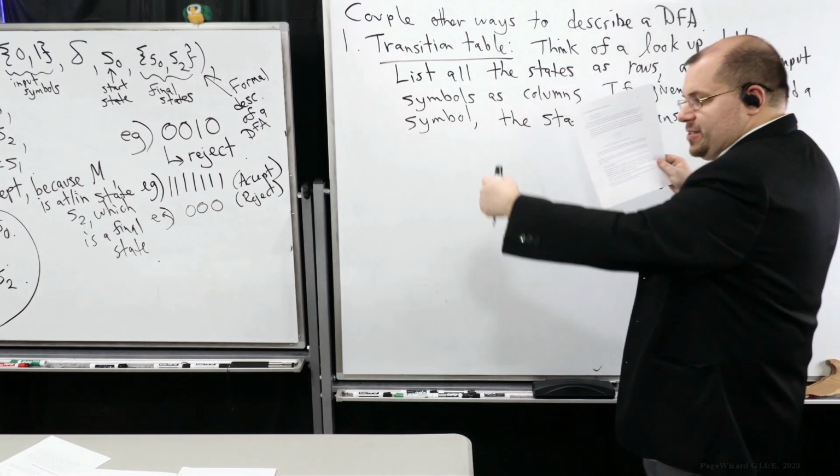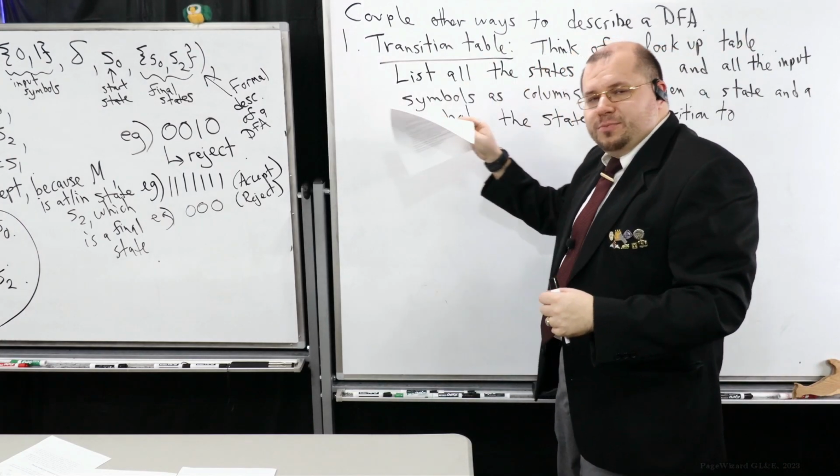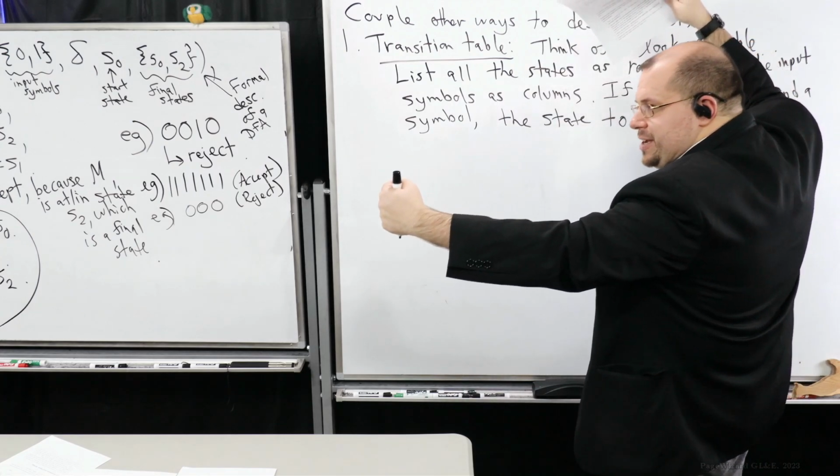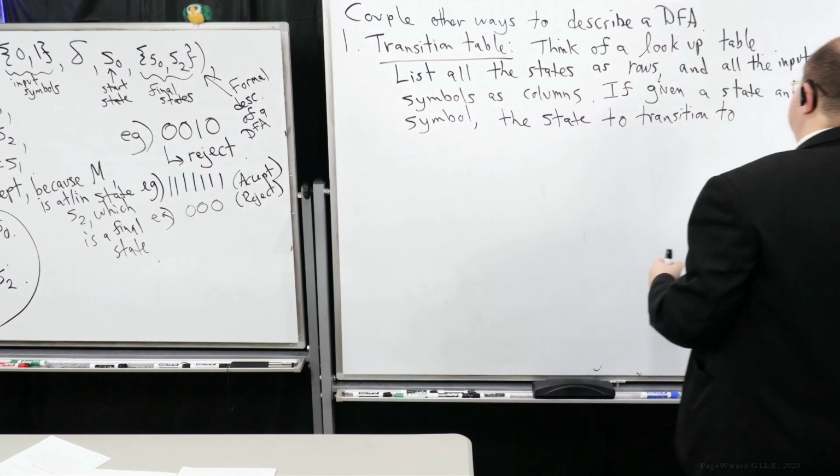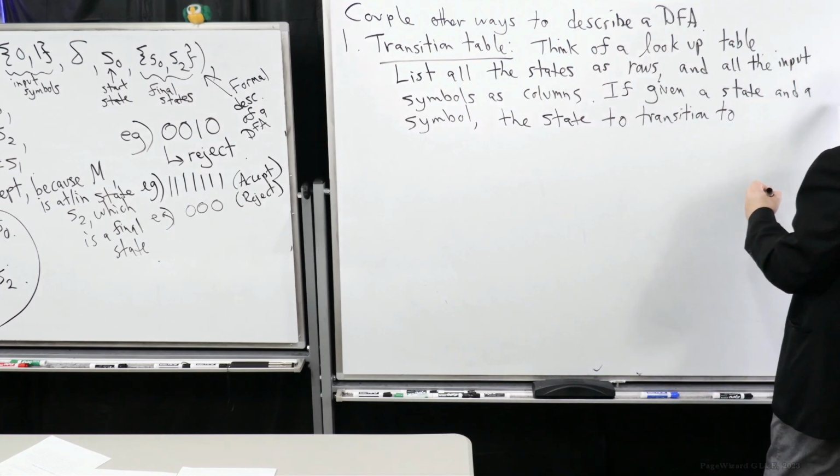If you imagine the states as rows and the input symbols as columns, they're going to meet at the intersection of the row and the column.